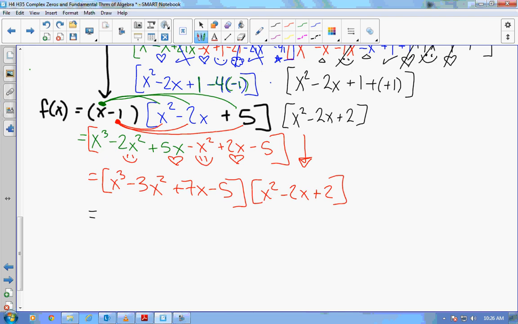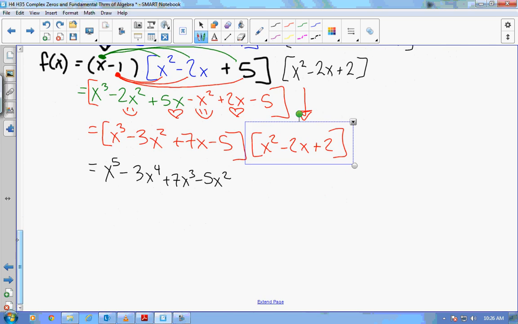Okay, go for it. 7x to the power of 3, plus 7x cubed, minus 5x squared, minus 2x to the power of 4, plus 6x cubed, minus 14x squared, plus 10x, plus 2x cubed, minus 6x squared, plus 14x.